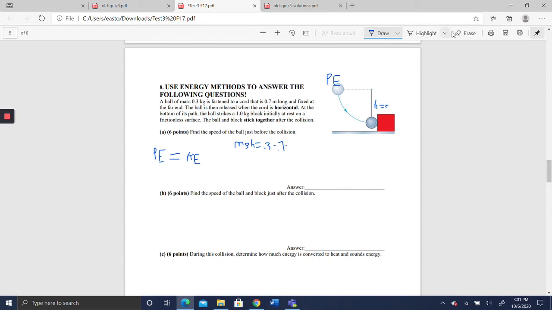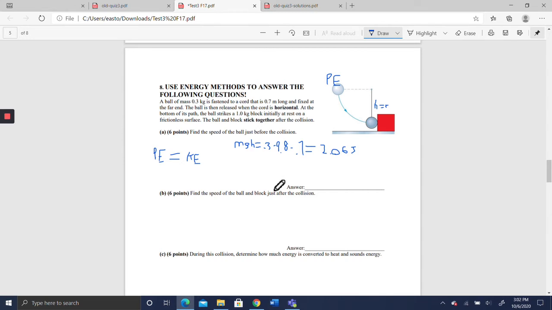No, I'm sorry, that was backwards. And that should get us our value of 0.21 multiplied by 9.8, which is roughly 2.06 joules.